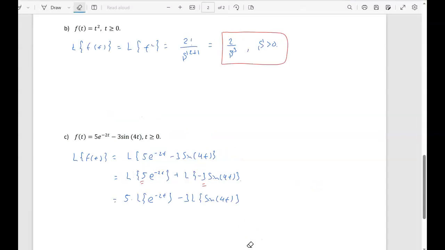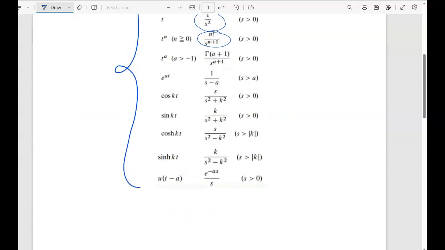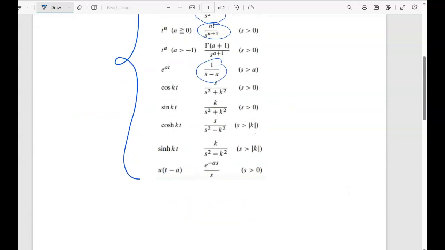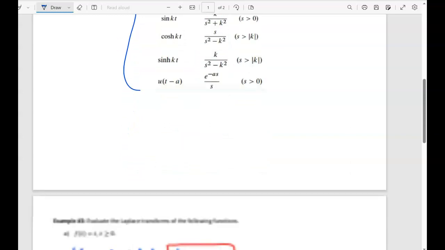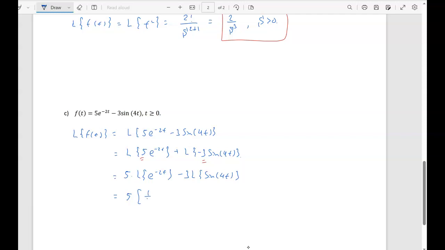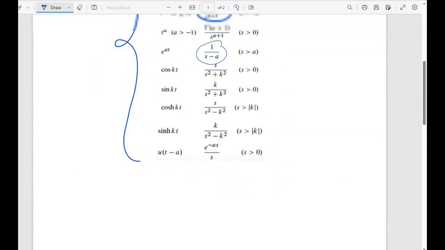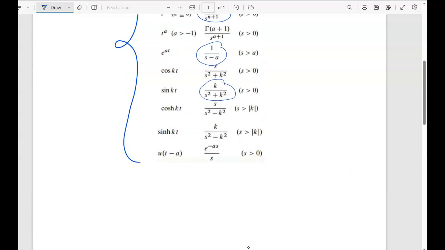So this is just going to be equivalent to 5 times, and then we do have to adjust the part of the e. So on this one, we're going to get s plus 2. So we're going to end up with 1 over s plus 2. And then technically minus 3 times the sine function, the sine carries the k, and then s squared plus k squared.